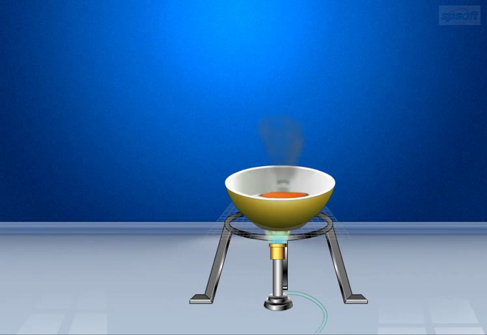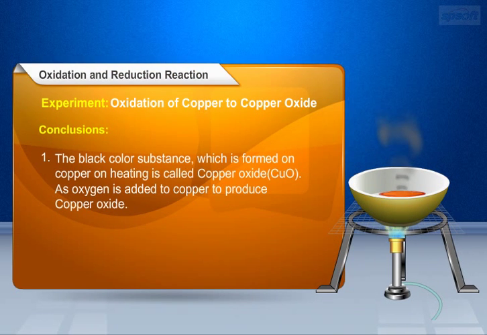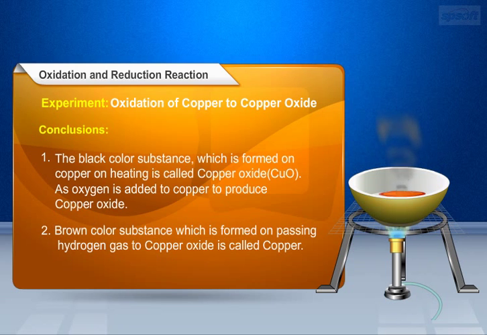The conclusion for this experiment is that the black colored substance which is formed on copper by heating is called copper oxide. Oxygen is added to copper to produce copper oxide. The brown colored substance which is formed on passing hydrogen gas over copper oxide is called copper.